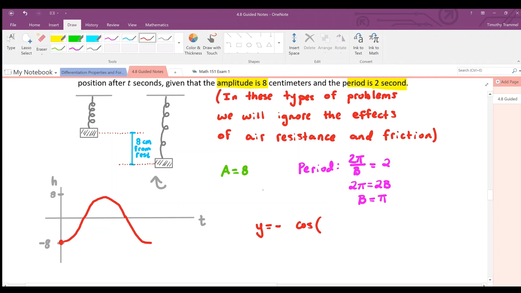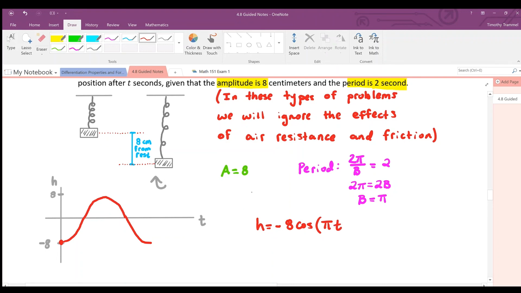Okay. The only other thing I need to do here real quick is put that 8 here, right? Our amplitude was supposed to be 8. We know B is pi. And you know what? We used h instead of y. Why don't we just replace that with an h? Okay. And we were using t for time, so I have pi t.